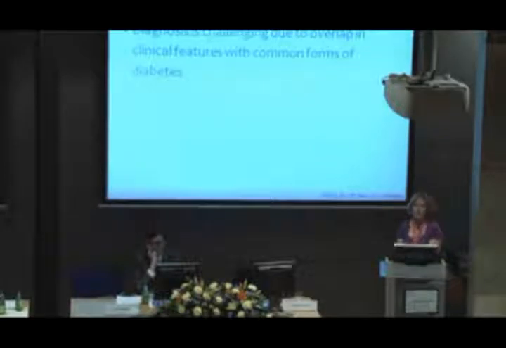So what's the problem? Why is there so much misdiagnosis? Well, as we've heard today, it's very challenging sometimes to pick out these people because there's an overlap of clinical features with the common forms of diabetes, which would represent 95% of cases of diabetes.